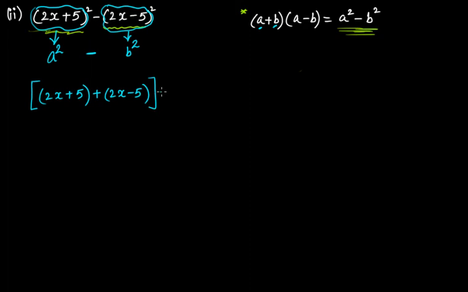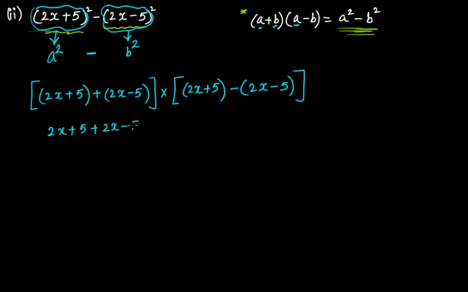Then you have a multiplication sign here. Then put at the place of a, 2x plus 5, and minus 2x minus 5. Now if you open the bracket, this is (2x plus 5 plus 2x minus 5) multiplied by (2x plus 5 minus 2x, and this minus means plus 5).